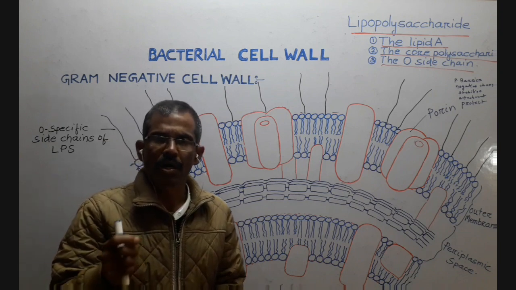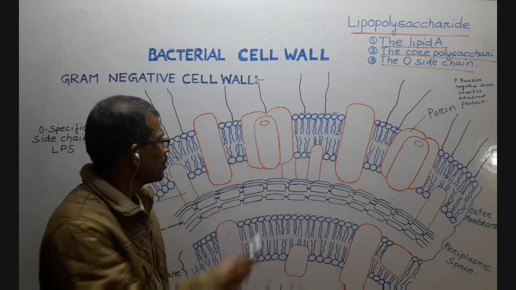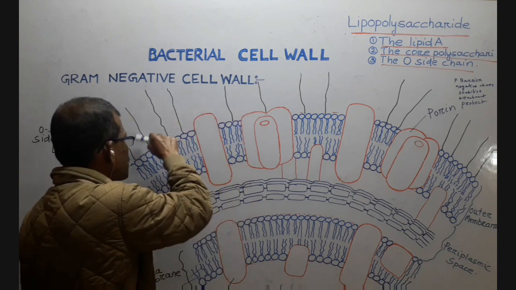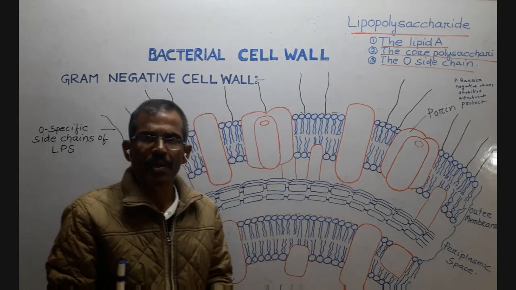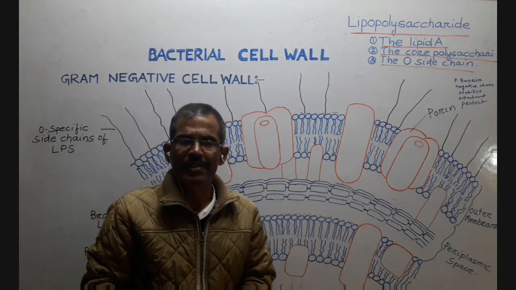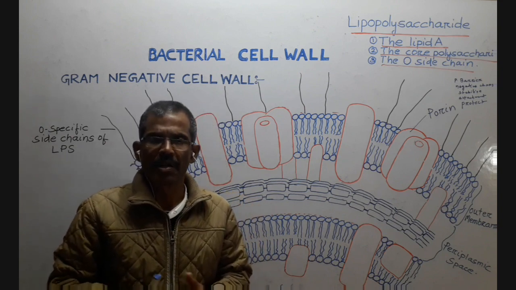Possibly the most unusual component of the outer membrane is lipopolysaccharide. Lipopolysaccharides, also known as LPS, are complex and composed of lipid and carbohydrate.